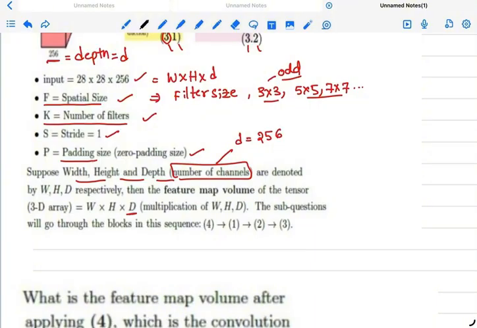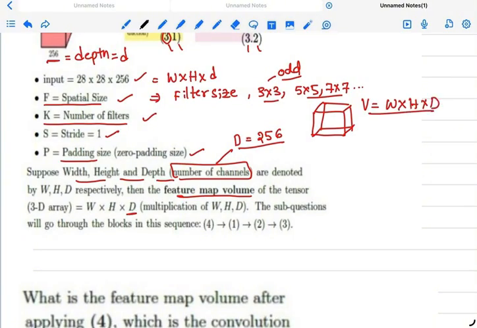They use capital D, so we also represent it with capital D. Then the feature map volume: generally volume tensors are 3-dimensional. Volume V equals width times height times depth, right? So the feature map volume of the 3D tensor is the multiplication of W, H, D.